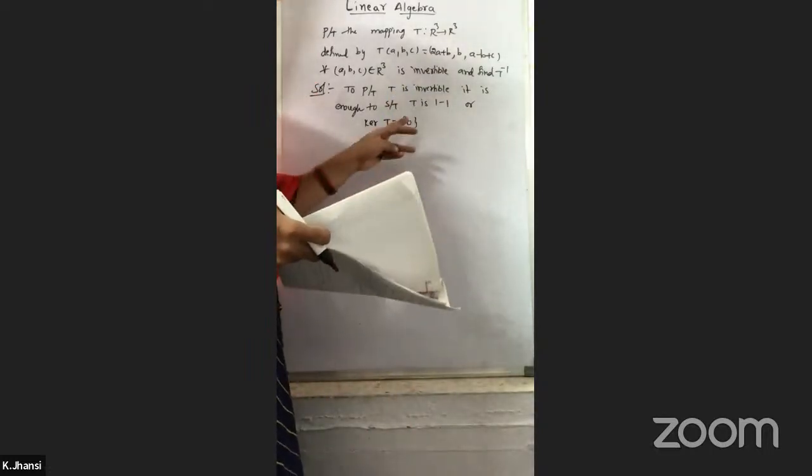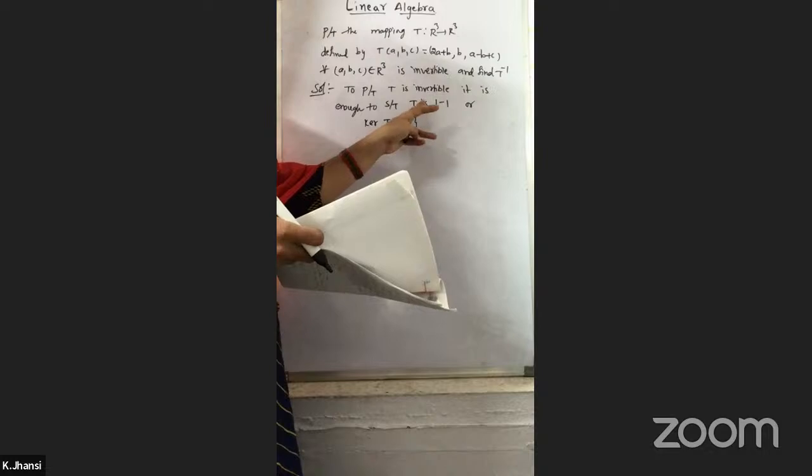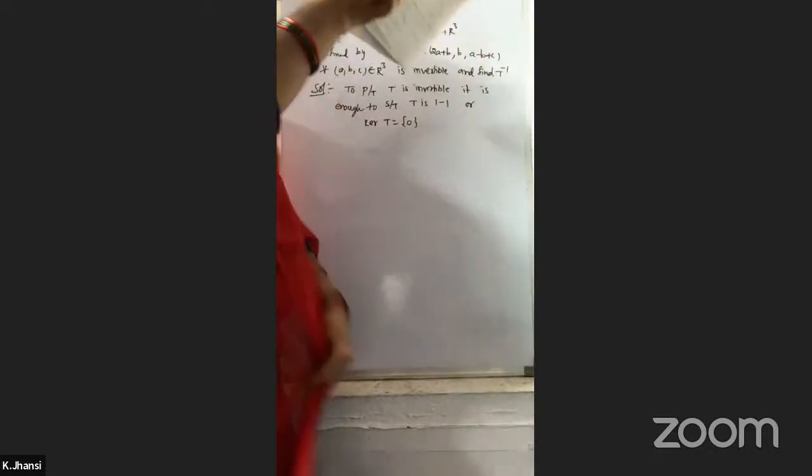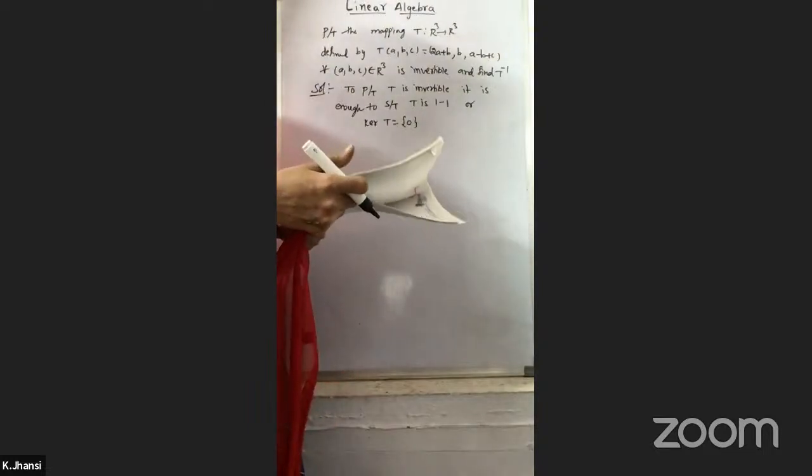This is the definition of kernel T. So if we show that kernel of T equals 0 or T is one-one, then the given transformation T is invertible and we can find the T inverse.